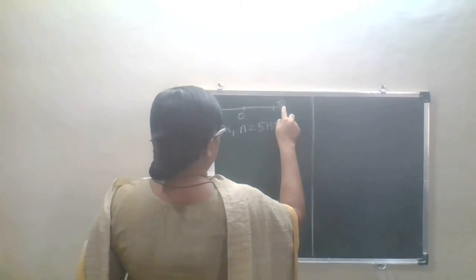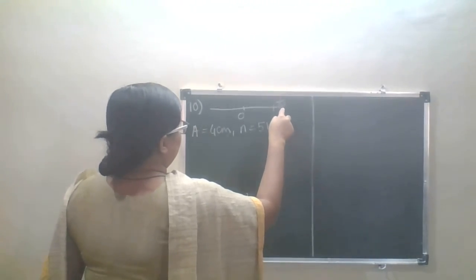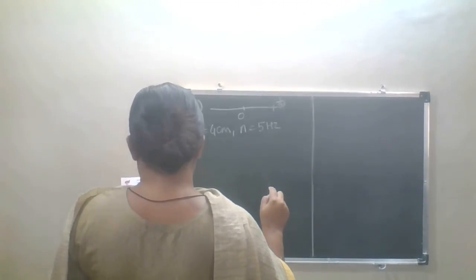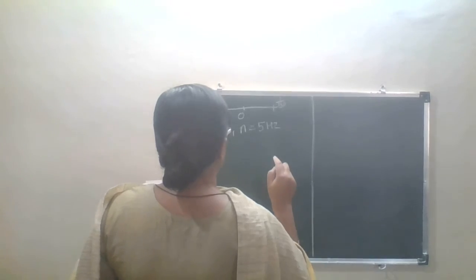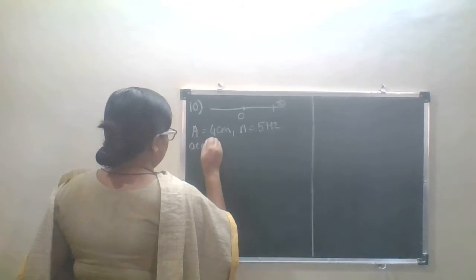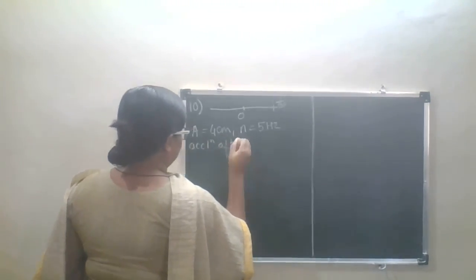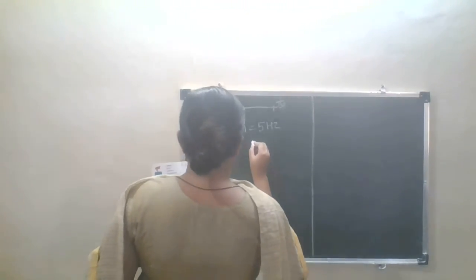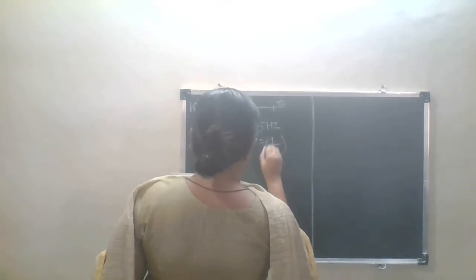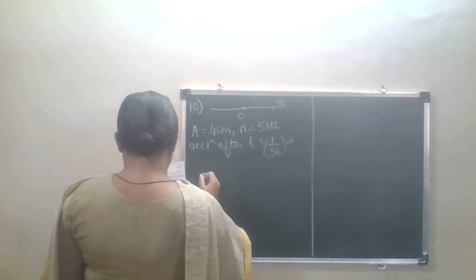We have to find the acceleration after the time t is equal to 1 upon 30 seconds, from the mean position.